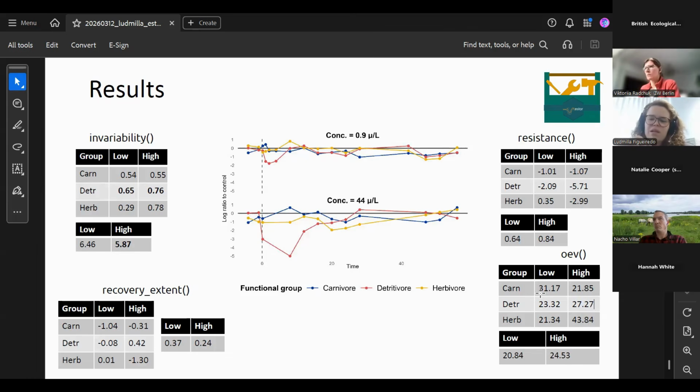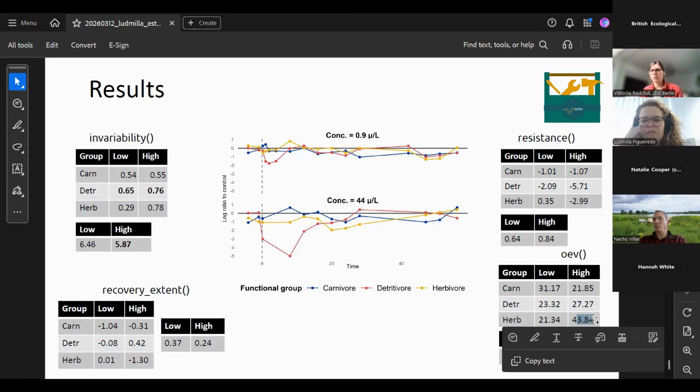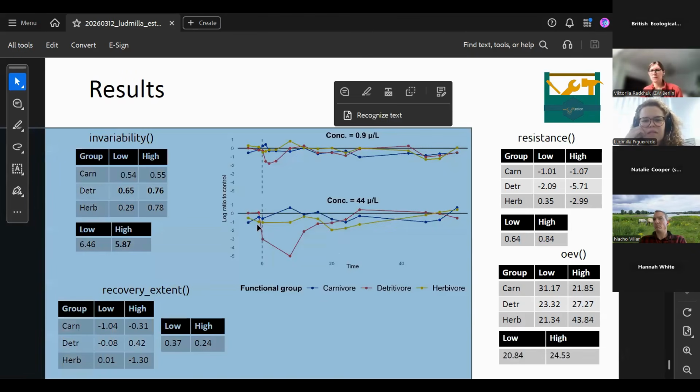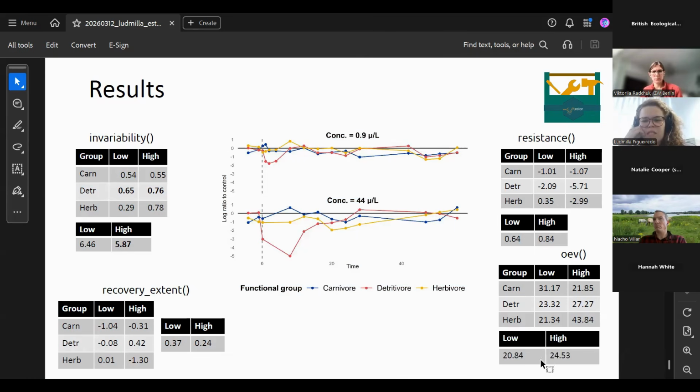So this big drop plays a role here, and also for the herbivores, quite a high value is calculated because of this curve that varies so much, right? But we see much less variation if we look again at the whole community.